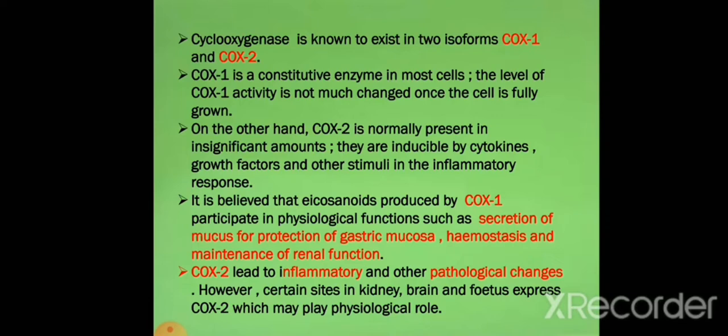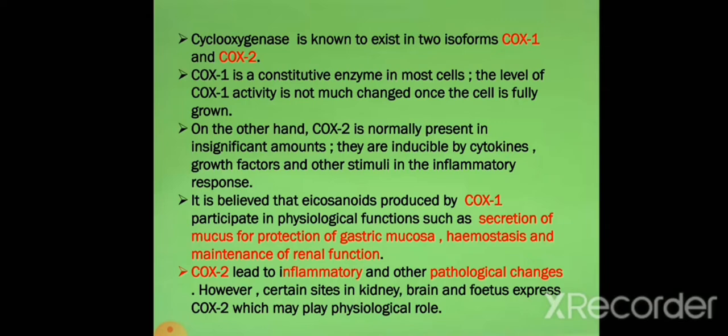It is believed that eicosanoids produced by COX-1 participate in physiological functions such as secretion of mucus for protection of gastric mucosa, hemostasis, and maintenance of renal function. COX-2 leads to inflammatory and other pathological changes.